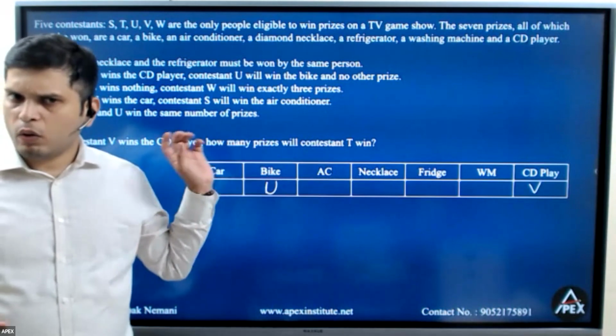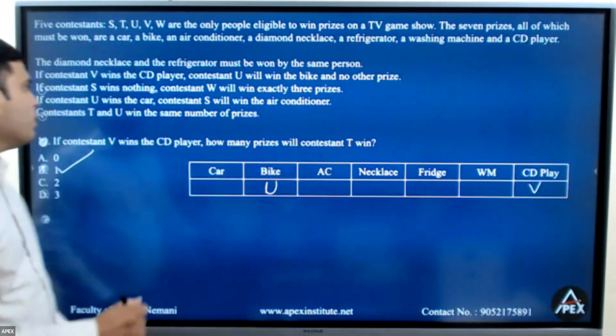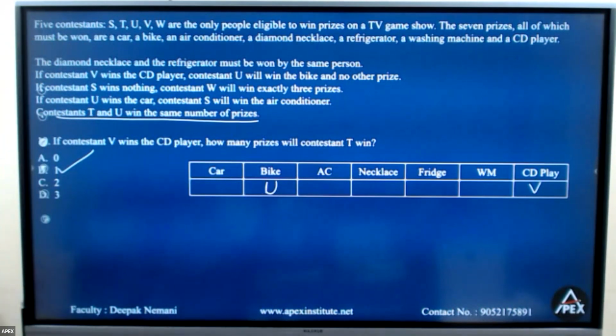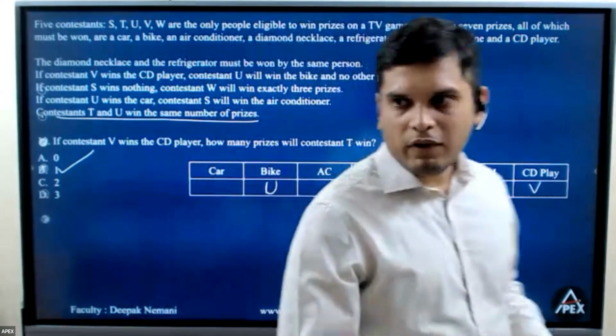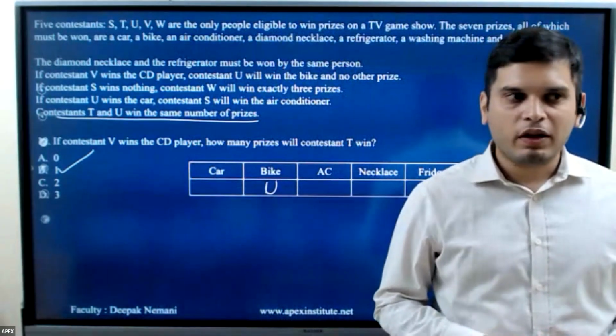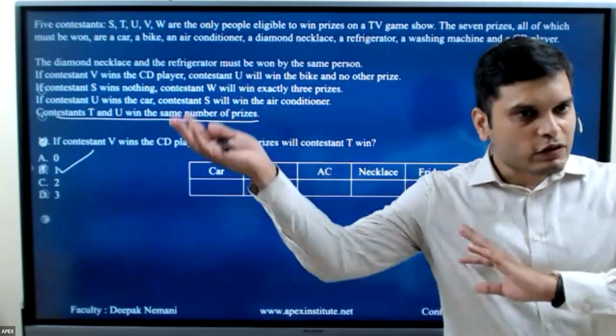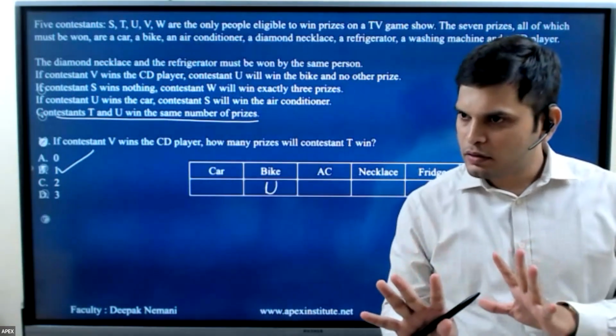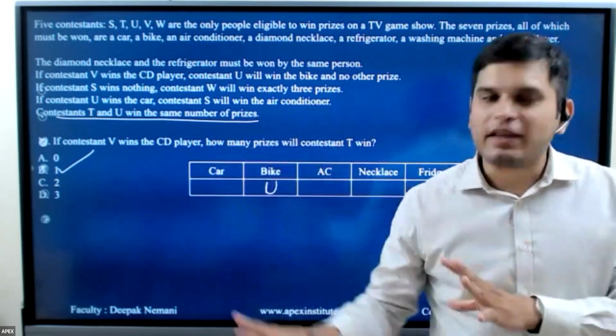Only one, only the bike and no other prize. And we are given that T and U will win the same number of prizes. So if U won one prize, T should also win one prize. So the answer for this question should be 1. So the first question and this question, you can solve both in like 20 minutes, 10 minutes worst case scenario.